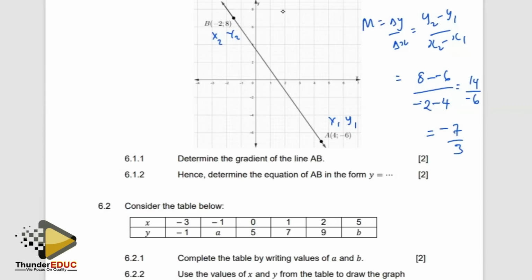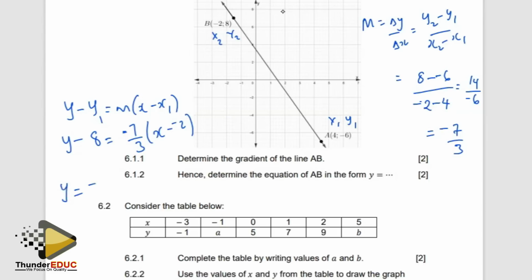So for me to get the equation, I can say y minus y1 is equal to m into x minus x1. So y minus, let me use negative 2 and 8. y minus 8 is equal to negative 7 over 3 into x minus minus 2.